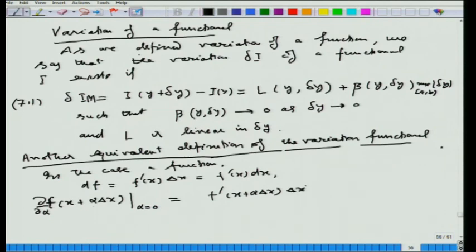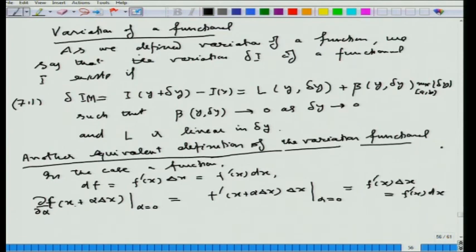This thing evaluated at alpha equal to 0 gives you f prime(x) delta x, which is the same thing as f prime(x) dx.